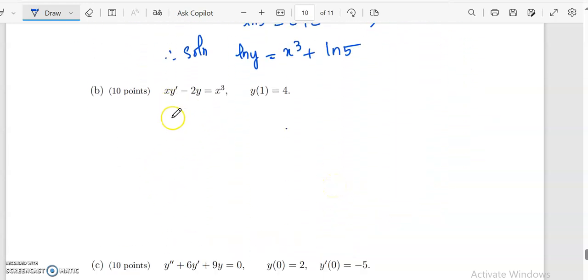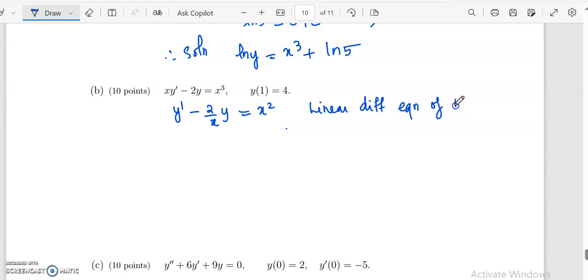And now this differential equation can be written in the form, dividing throughout by x, y dash minus 2 by x y equal to x square. So this is a first order linear differential equation.